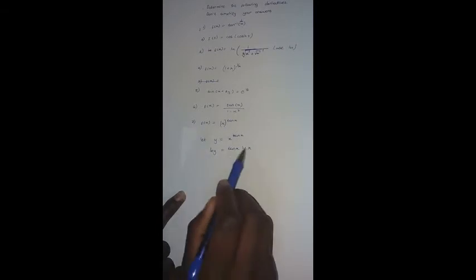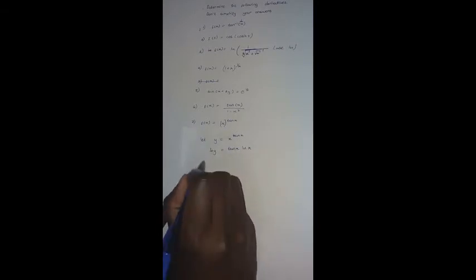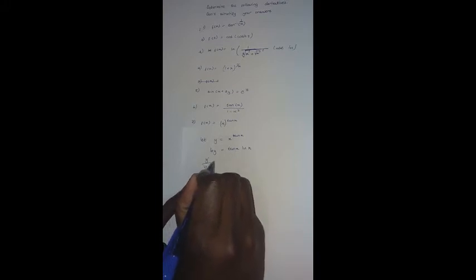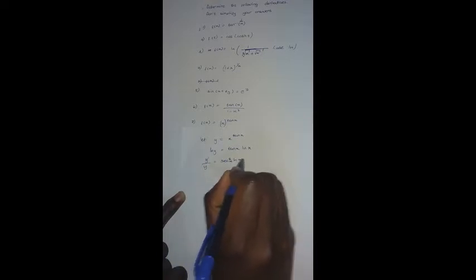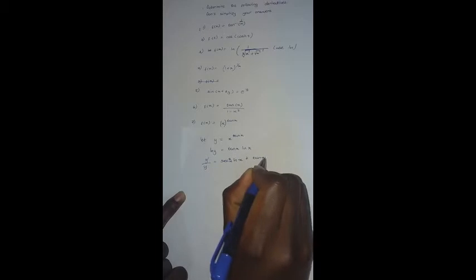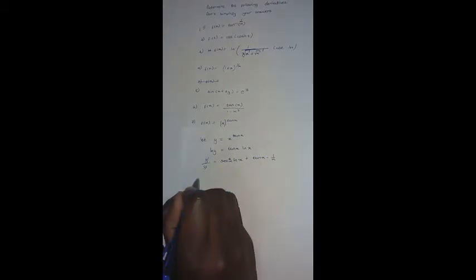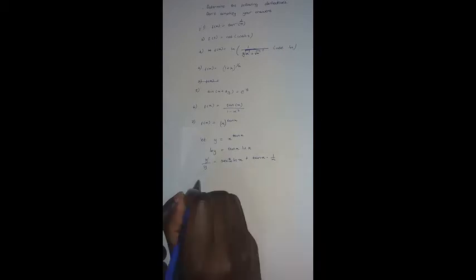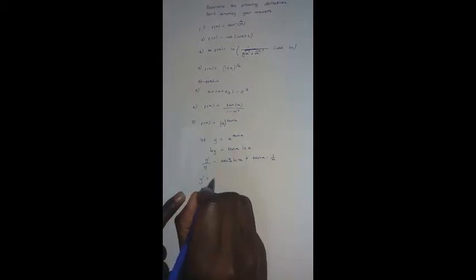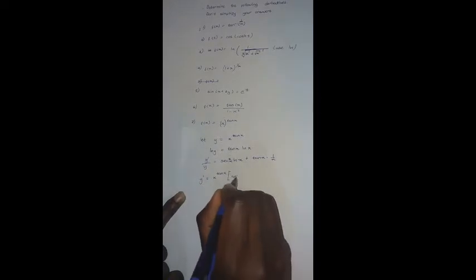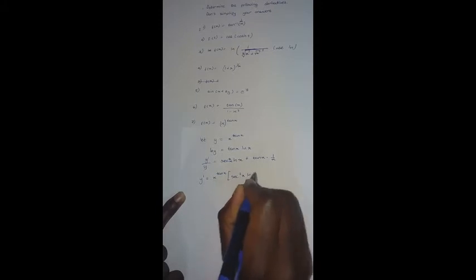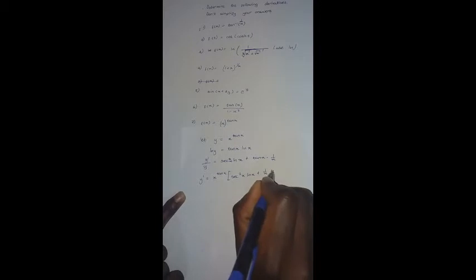And then now you can treat this as a product, so this one becomes y prime over y being equal to 10 ln x plus 10x times 1 over x. Hence your y is equal to x to the power of 10x, so we can just multiply by that. So y prime is equal to x to the power of 10x times 10 ln x plus 10x times 1 over x.